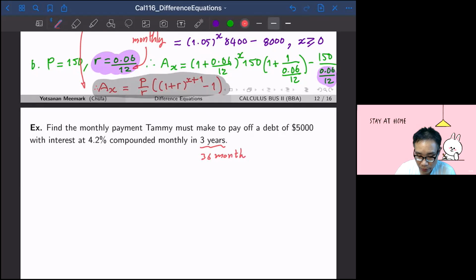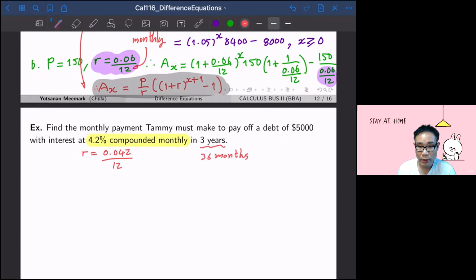So you have 36 months to pay off this debt, and 4.2% compounded monthly is going to be R equal to 0.042 over 12. Okay, so that will be your R, the rate of interest, and you have your debt equal to 5,000.